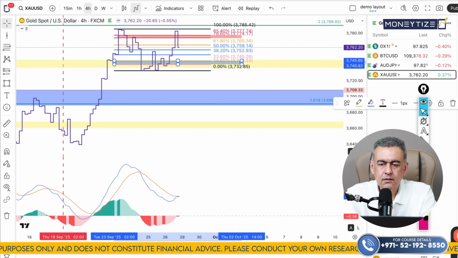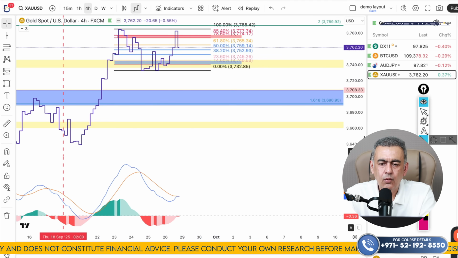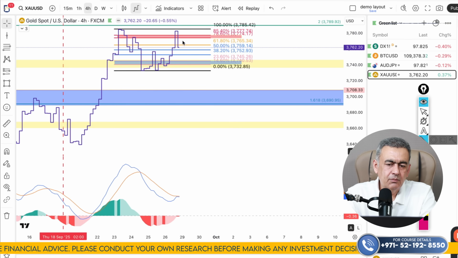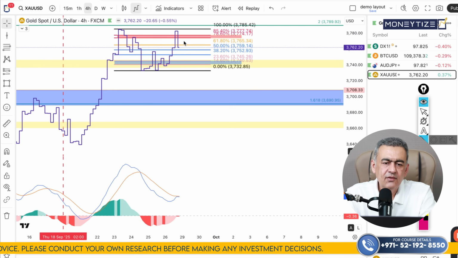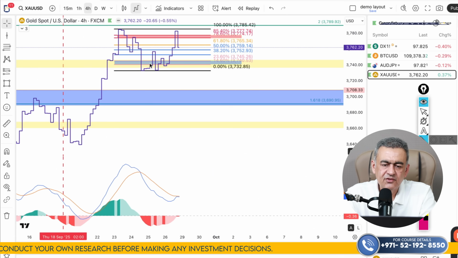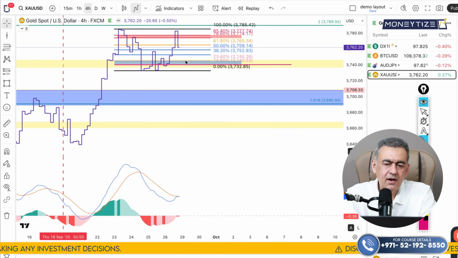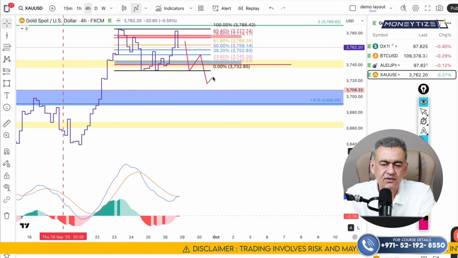So we need a break below 3745 to 3740 for the deeper retest. So only if on 4-hourly basis, if I see a convincing break below 3740, then I will think that buyers are in short-term trouble for a deeper pullback, which may take it towards 3690 or 3705 and then continuation higher.